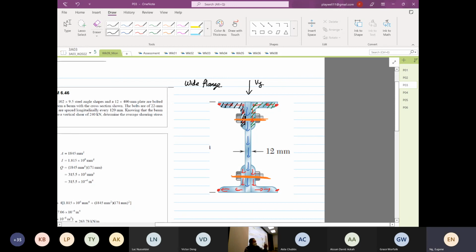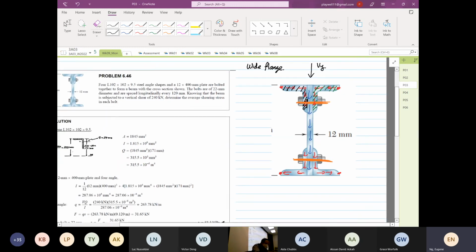So that's why constructing the shear flow is critical. That is why for this case, the first moment of area is just that section over there. Are we clear? Interesting problem, yes or no? If we have not done those rules, what will happen? I have not a clue where to take my first moment of area.